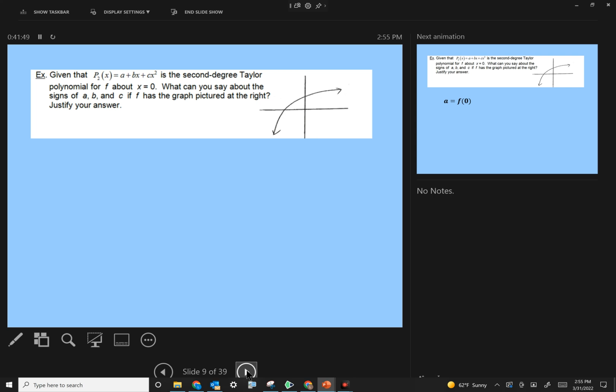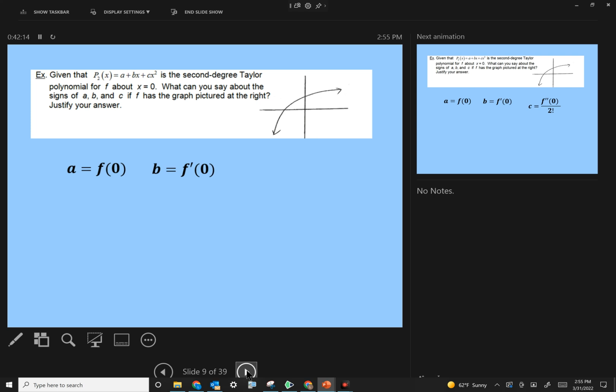All right. So based on that a plus bx plus c, isn't a the f of 0 term if you think about our formula? Right? Because isn't that first constant the f of 0? And what is b? Isn't b the f prime of 0? Everybody see what I'm talking about if I pull it out of that formula?